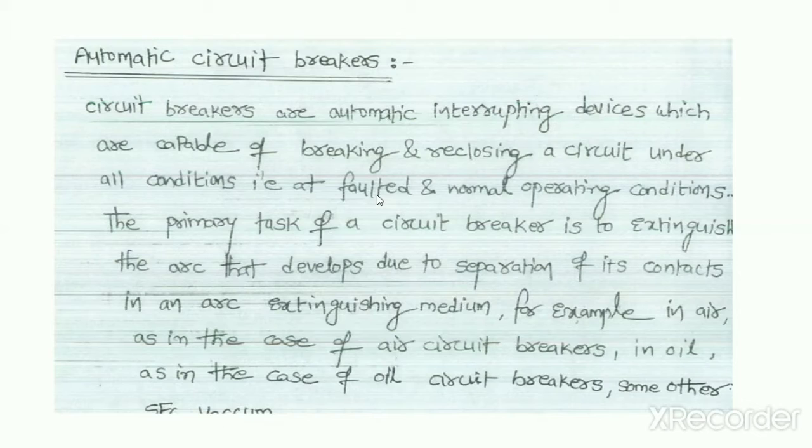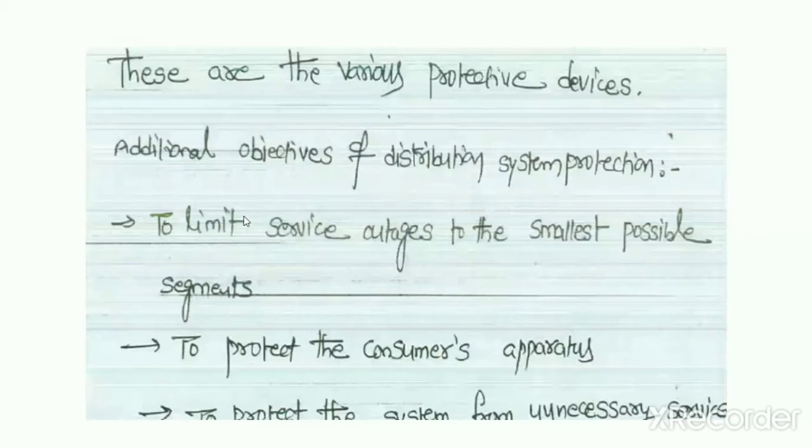We have different types of circuit breakers used in power systems, that is oil circuit breakers, air blast circuit breakers, vacuum circuit breakers and SF6 circuit breakers. In the present days we are using the SF6 type of circuit breakers, that is sulfur hexafluoride circuit breakers. That is the main usage of the automatic circuit breakers.